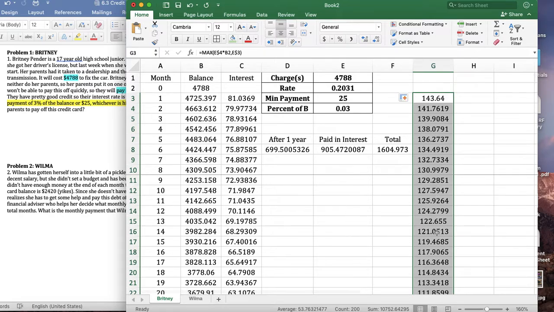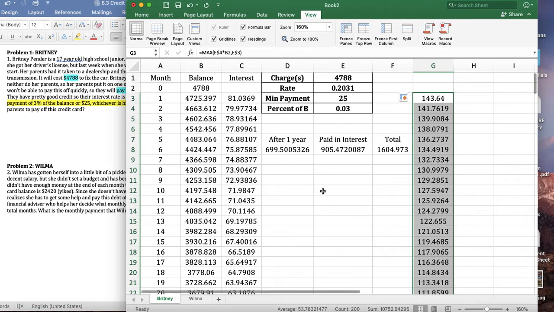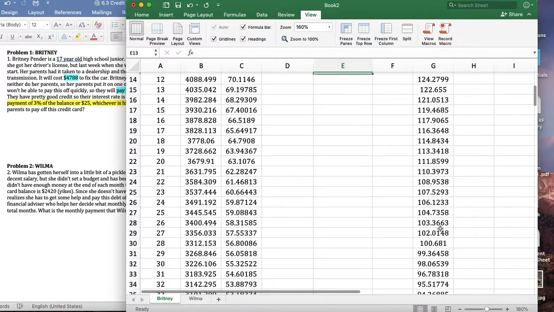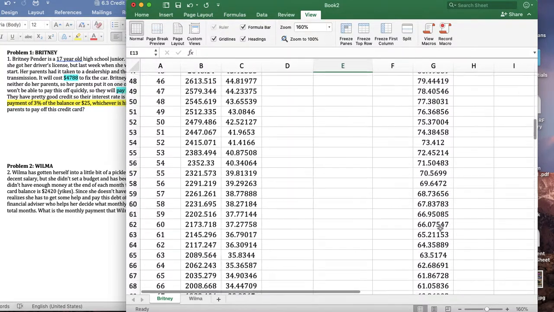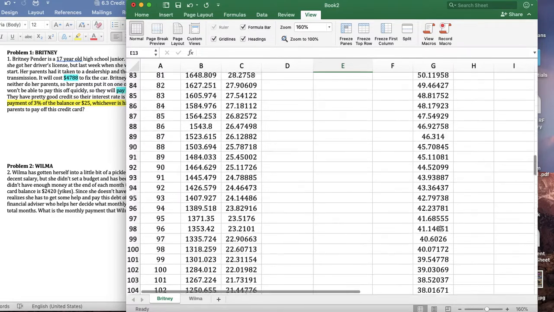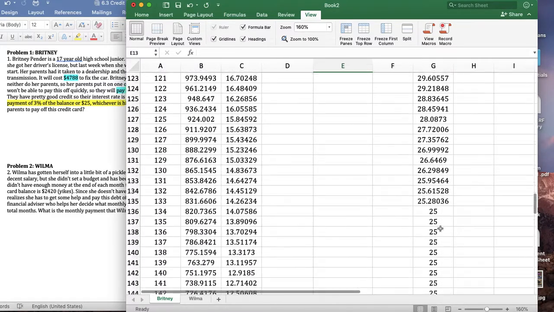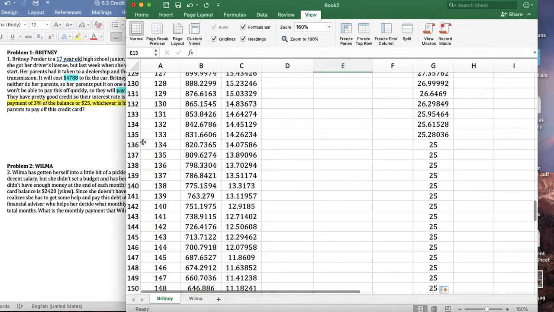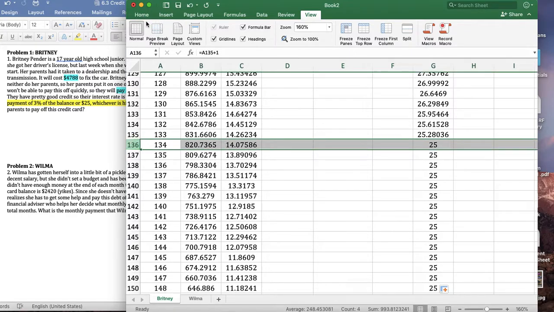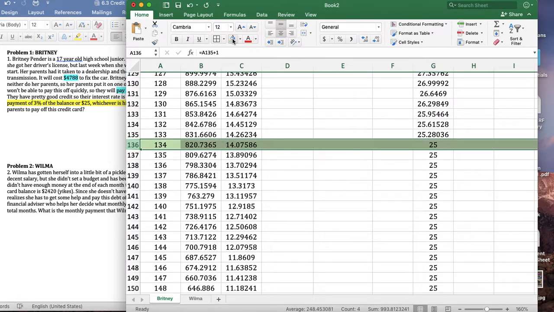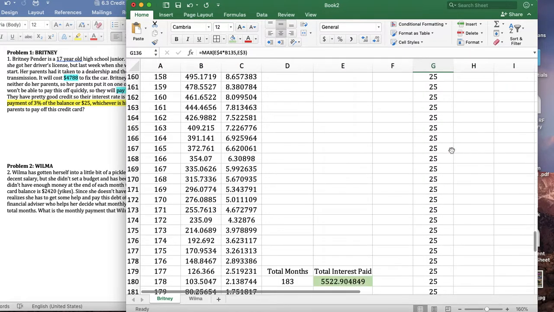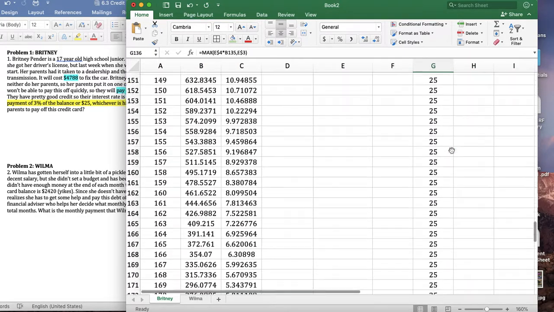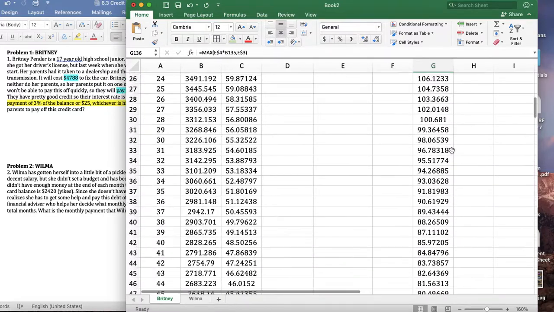So you can see, maybe I should not split my screen. Let's unfreeze the panes. So I've dragged it down. You can see all of these are when the 3% is the highest, because you can see those numbers are over 25. And then you can see here in month, this row right here, in month 134, that is when $25 is higher, and that's what they're going to get charged.